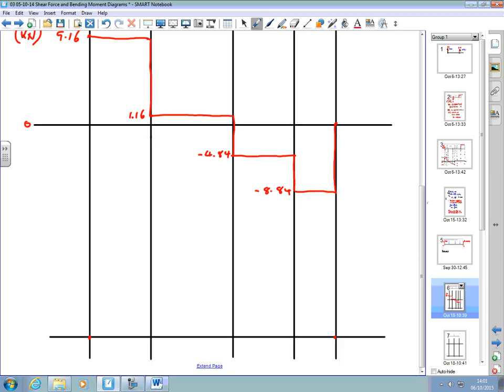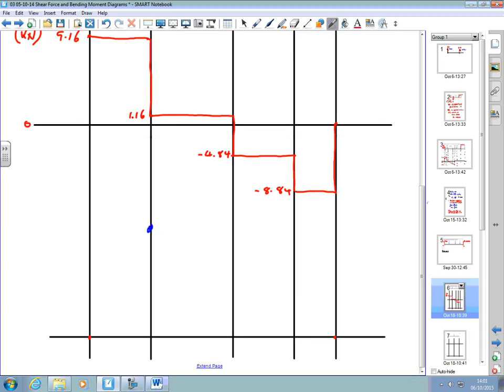Remember what we said at the beginning, that the value of the moment when we get to this point here on the diagram is the area underneath here. So we've got to work out the area underneath that rectangle. That will give us the moment at this point.